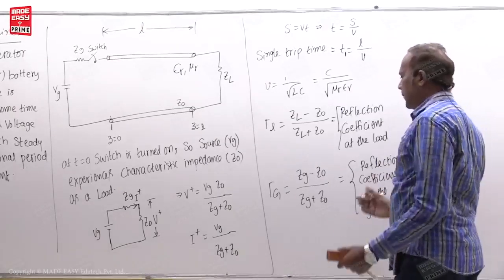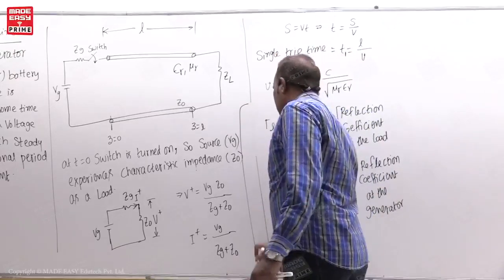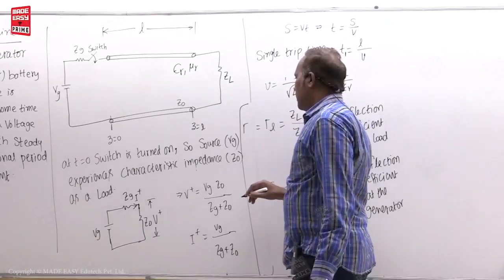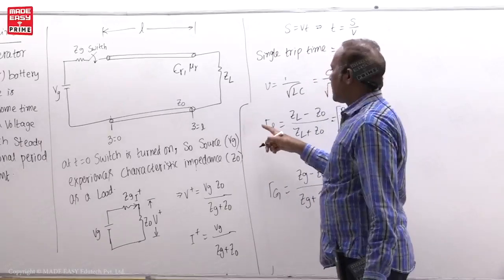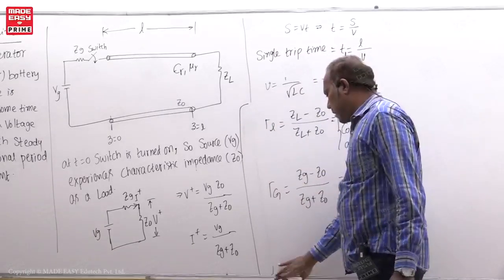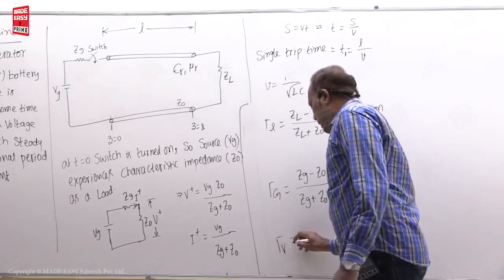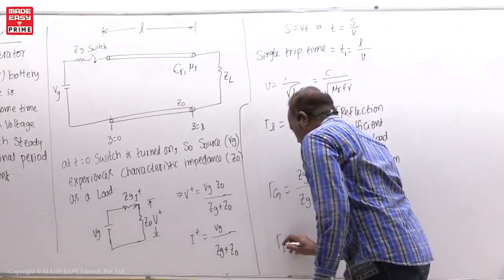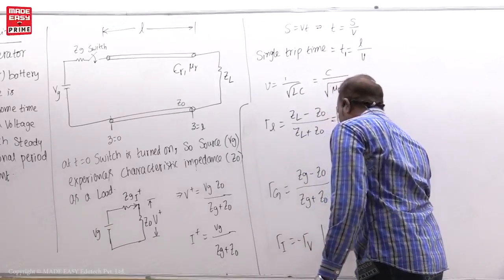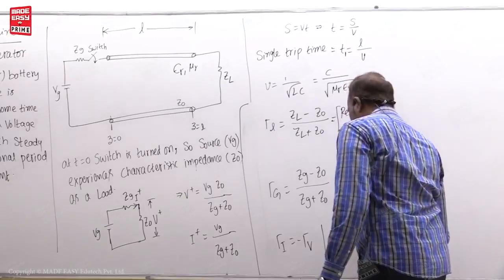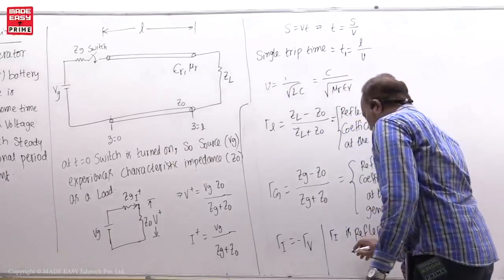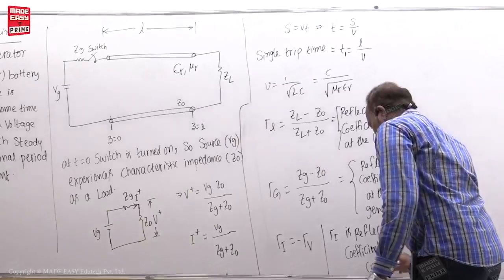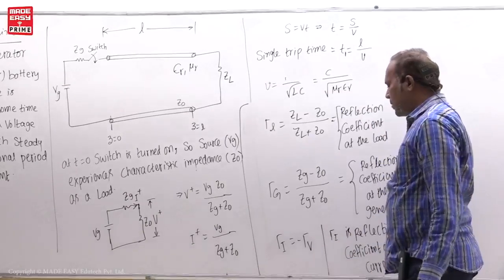Already we have seen this is taken as gamma V. For voltages gamma L and gamma G are taken, but already we know that gamma V is equal to minus gamma I, otherwise gamma I is equal to minus gamma V. Here gamma I is the reflection coefficient of current, and gamma V is the reflection coefficient of voltage.